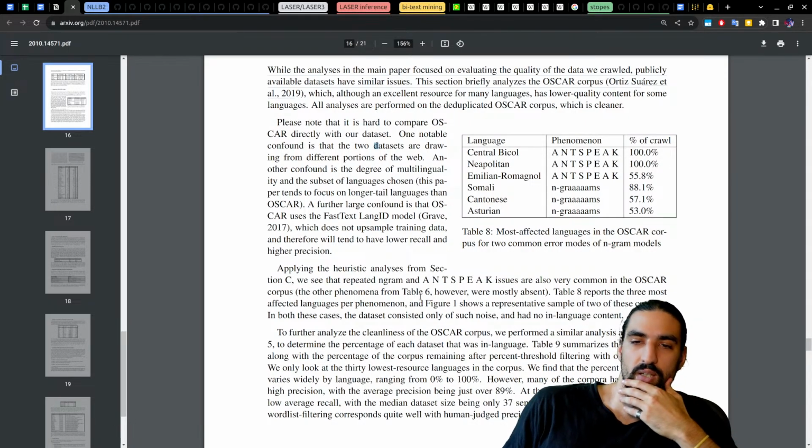Applying the heuristic analysis from section 4, we see that repeated n-gram and n-speak issues are also very common in Oscar. Table 8 reports the 3 most affected languages per phenomena, and figure 1 shows a representative sample of 2 of these.